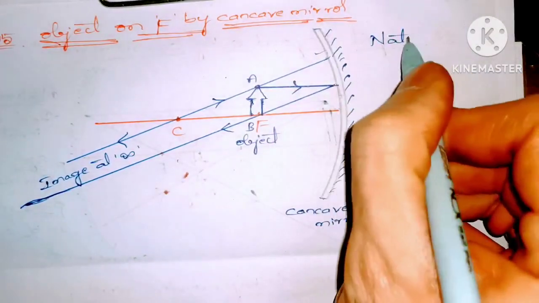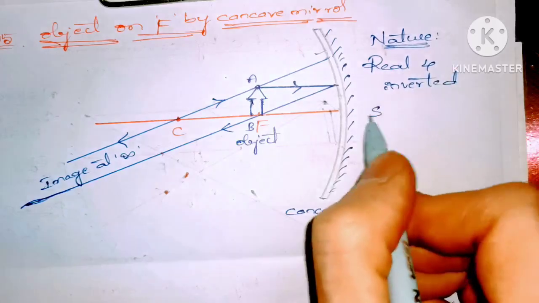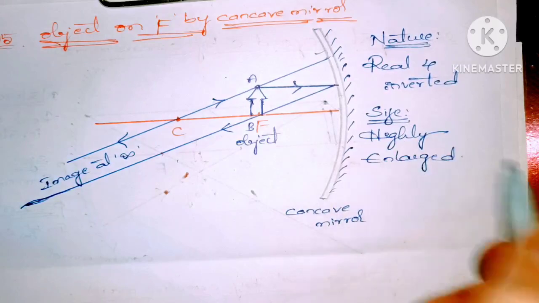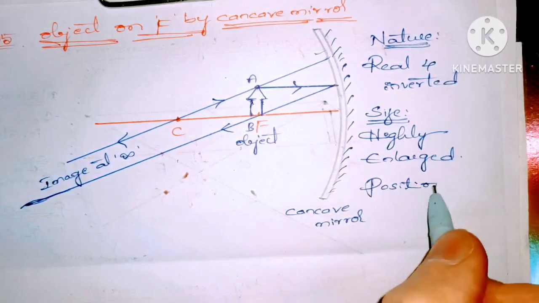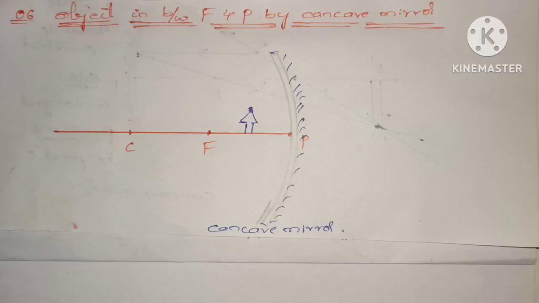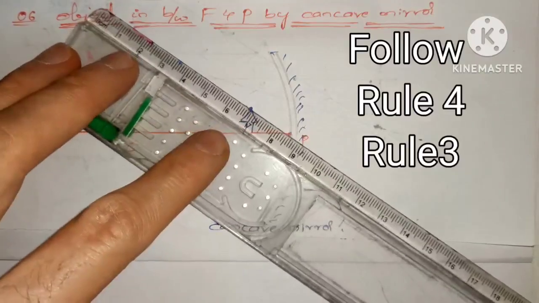Now the nature of the image, real and inverted. Size of the image highly enlarged, because whichever image is formed at infinity will be highly enlarged, and position is at infinity.